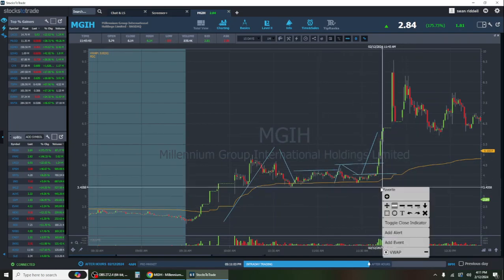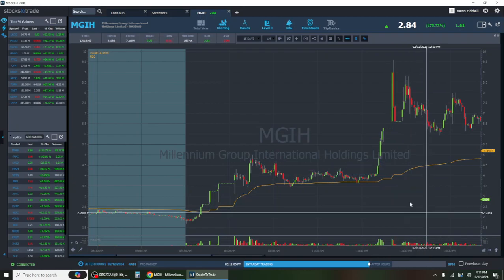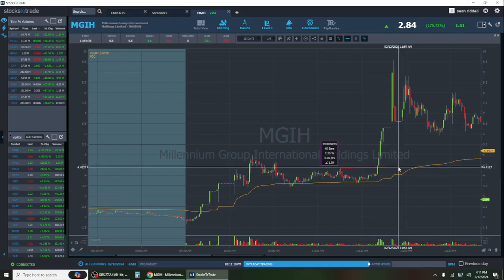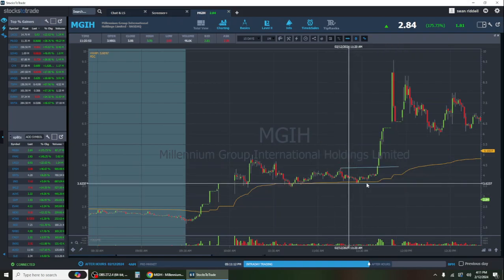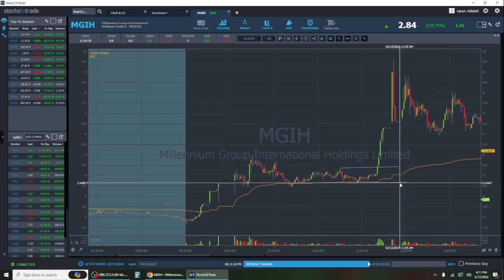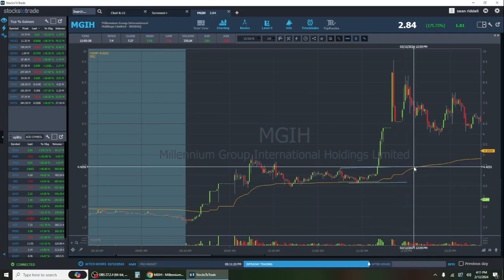Now that you can kind of see the theme, let's draw it on the chart. This is the entry, this is the risk, and that ends up being 4.35 versus 3.65. 75 cents again.